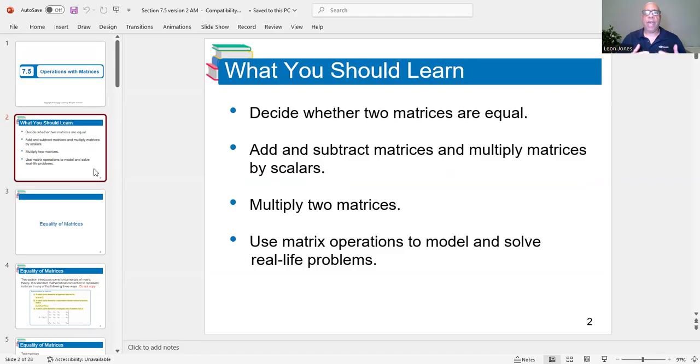You're going to be able to add and subtract matrices and multiply matrices by scalars. You'll multiply 2 matrices. That's where we get the product from. And you're going to use matrix operations to model and solve real life problems. Also, when we deal with matrices, you have eigenvalues and eigenvectors.